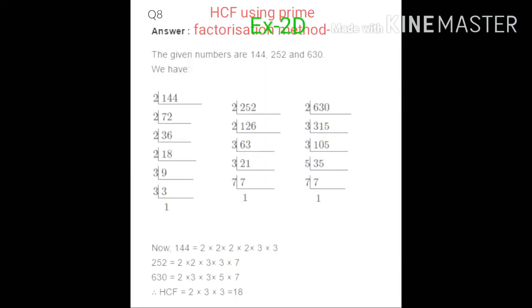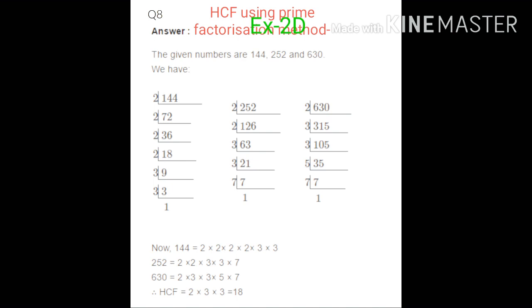Now the next question is question number 8 of exercise 2D. We have to find out the HCF using the prime factorization method, and the given numbers are 144, 252 and 630. See, we have taken out prime factorization one by one using the smallest prime numbers.